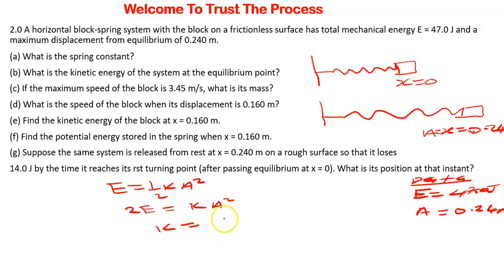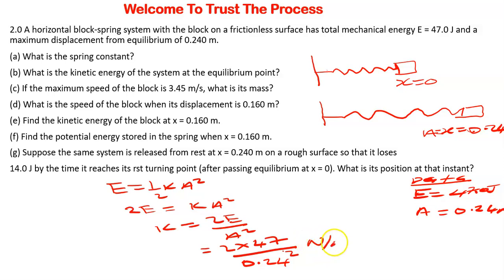Then k will be given by 2E over A squared, which is 2 multiplied by the energy given, 47, divided by the amplitude, 0.24, squared. When you punch that in, you will have your answer in Newton per meter. That is our spring constant.